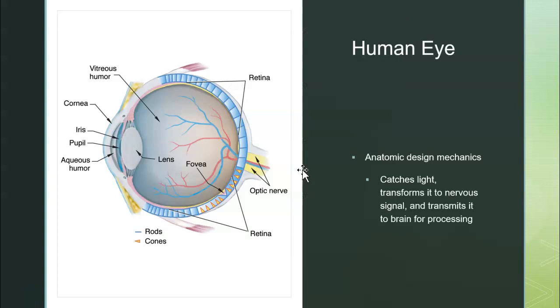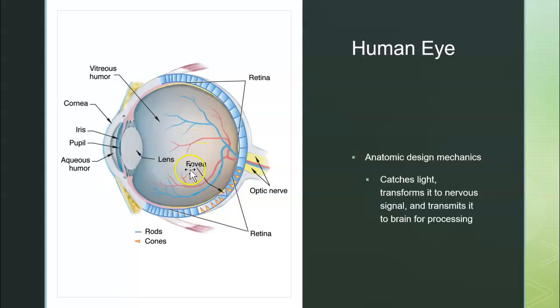So let's look at the anatomy of the human eye, okay? This is the whole globe. We have the retina, which comes all the way around with the optic nerve, and then we have what's called rods and cones. We're going to talk a little bit about rods and cones because they're important with how much light we're dealing with and detail. We have our cones on the outside and our rods concentrated in one little area.